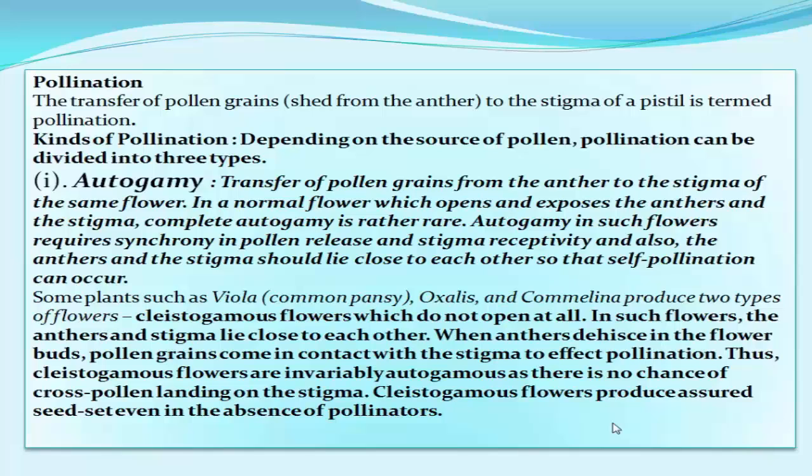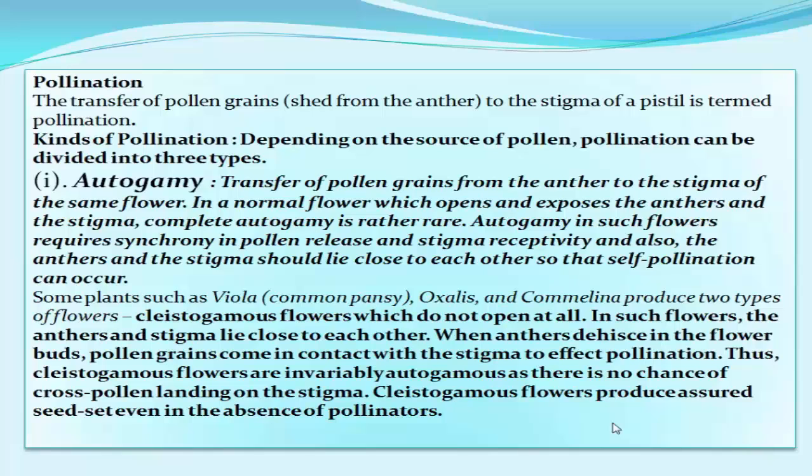The receptivity ability should be there for the stigma to receive the pollen grain and to support the pollen germination. This is nothing but homogamy. The synchronization in the maturity of stigma and anther supports the autogamy.